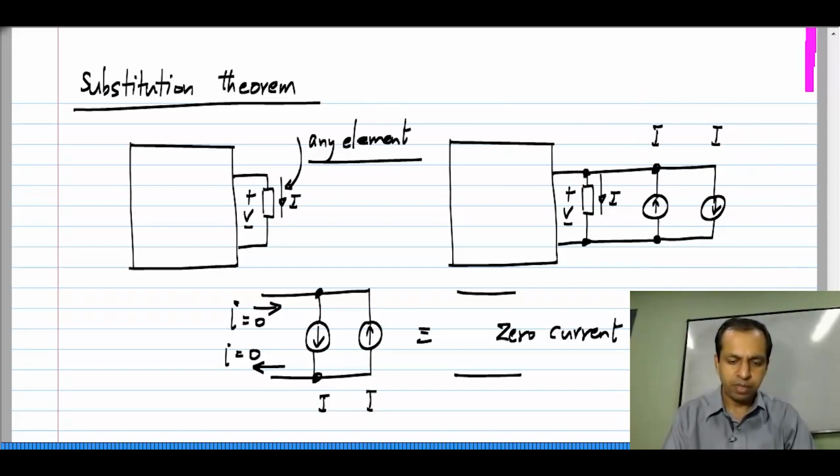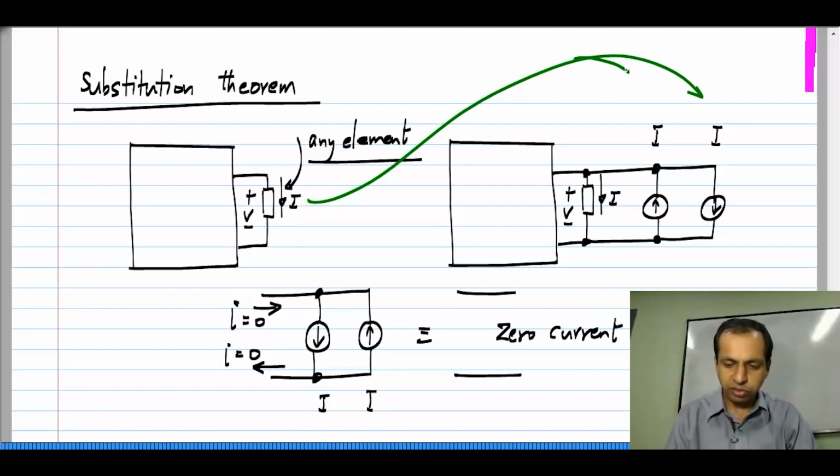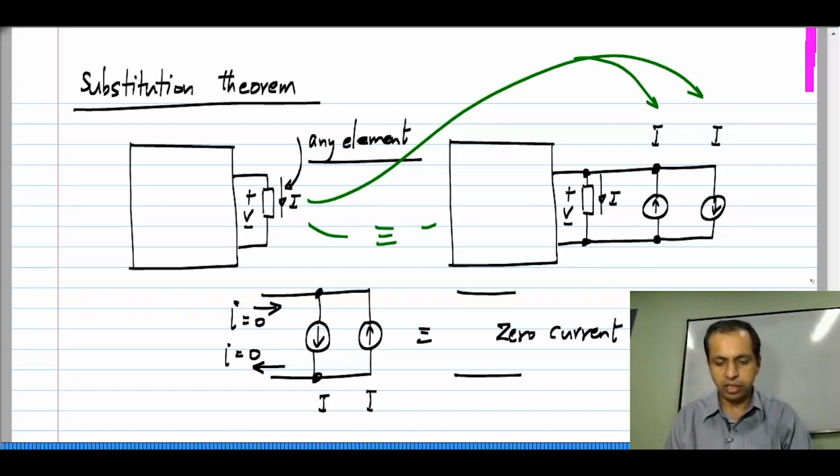Now, keep in mind that the circuit is operating in some condition, right. It has some values of independent sources and so on, and the voltage across this happens to be V and the current through that happens to be I, and I choose the exact same current that is flowing through this, make two copies of it, connect them in anti-parallel across the element. So, clearly these two cases are identical to each other.